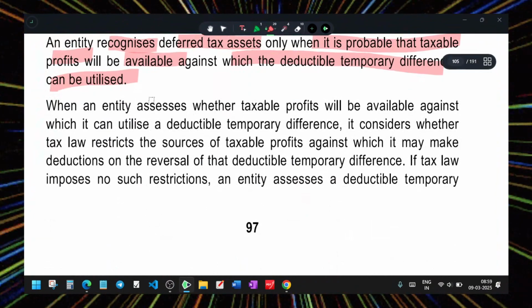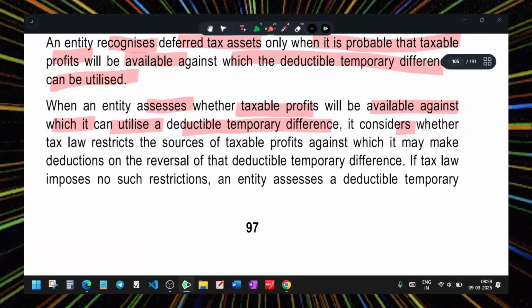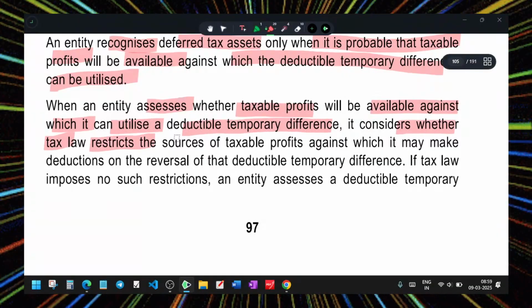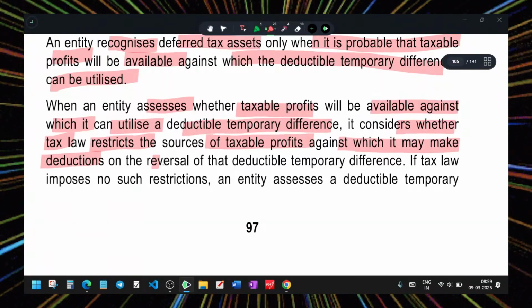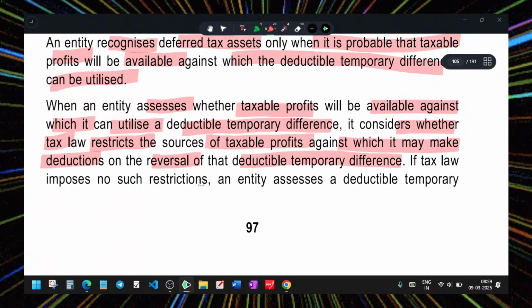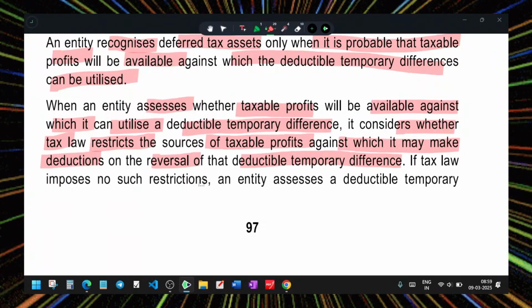When the entity assesses whether taxable profit will be available against which the deductible temporary difference can be utilized, it considers whether the tax laws restrict the sources of taxable profit against which deductions can be made on reversal of the deductible temporary difference. The asset is there, taxable profit will be there for what? For knocking off this temporary difference.